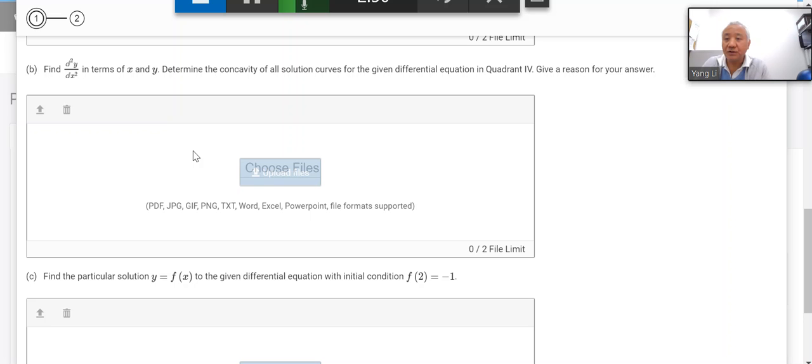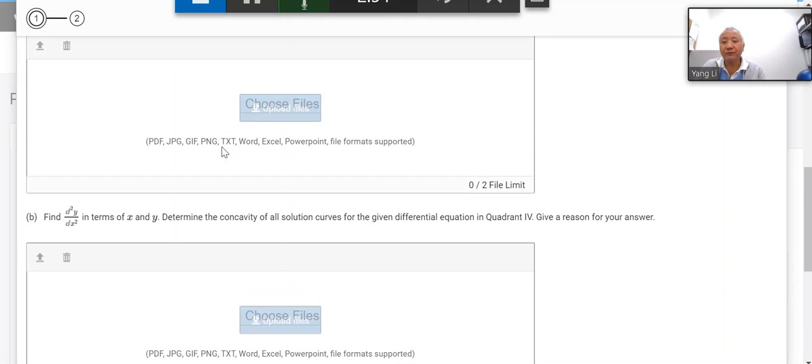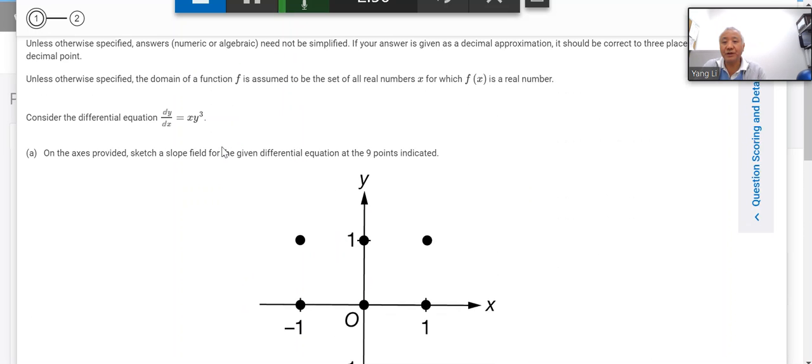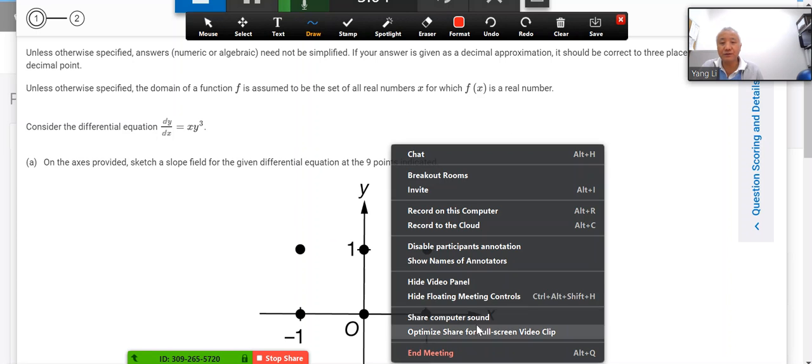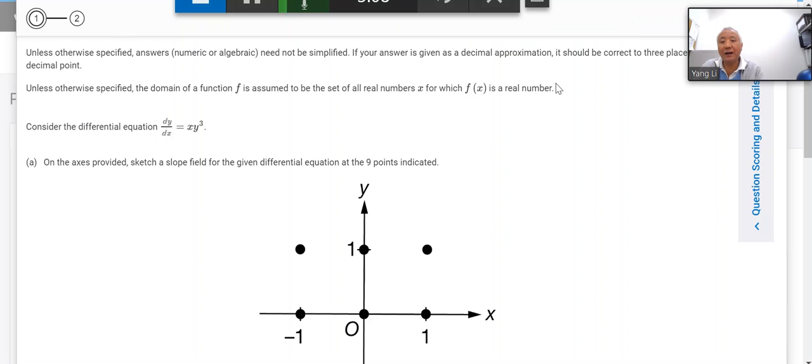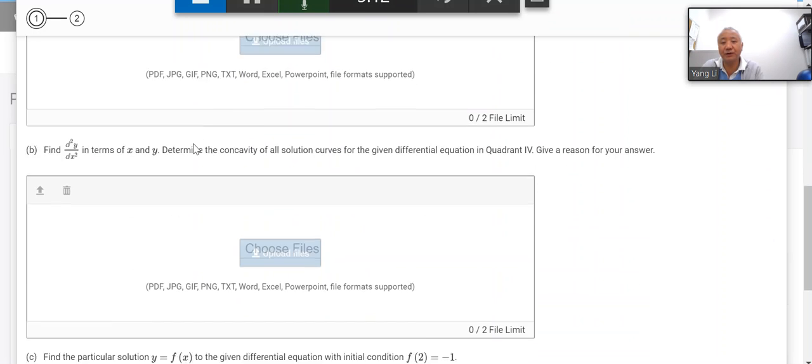So when you do this one, let me just put the differential equation there first, because that's what we're given. dy/dx equals x y cubed, right? So I put it here, okay?